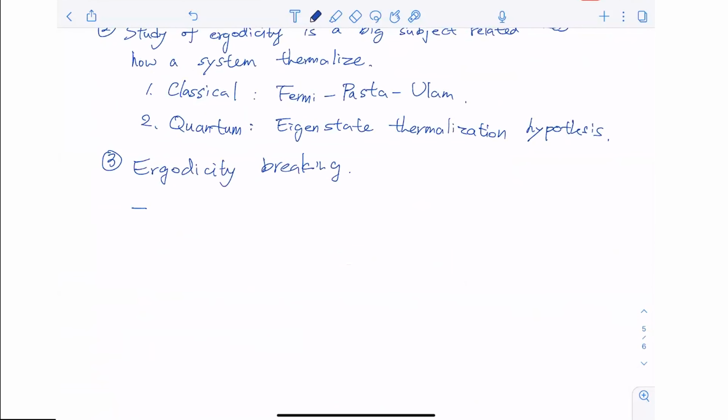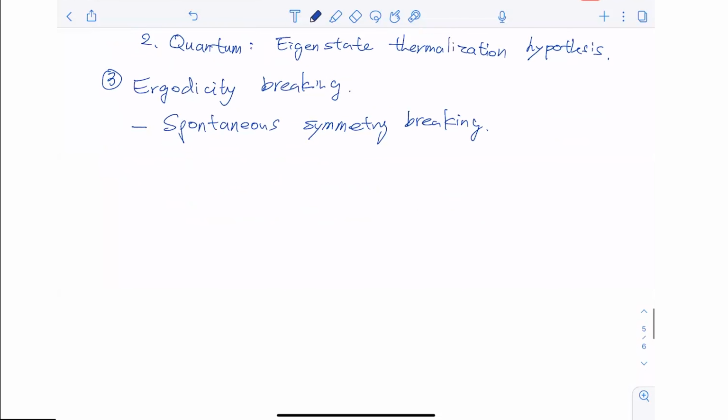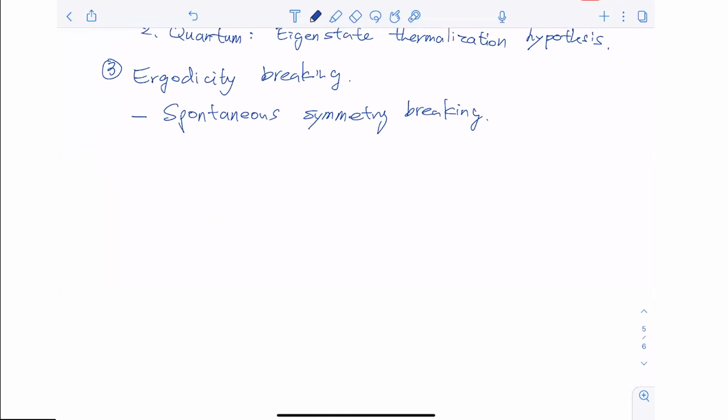One of the very important ideas related to ergodicity breaking is spontaneous symmetry breaking, which is a phenomenon that happens at phase transitions. We will talk about that later in the course, but I just want to show you a rough idea.